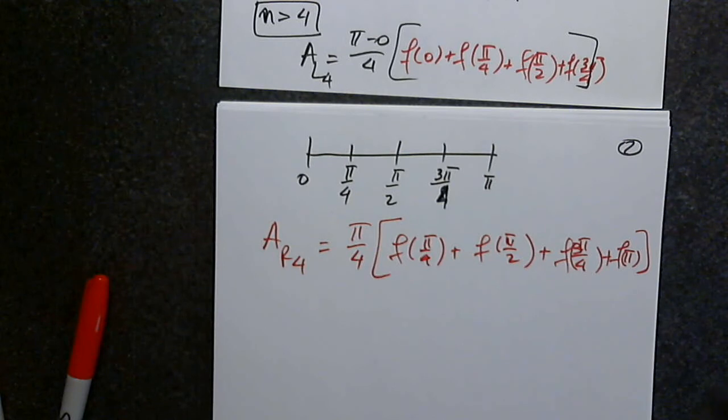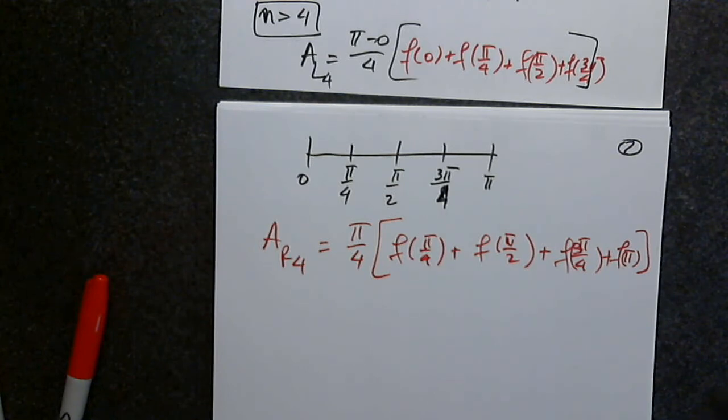What is going on here? Okay, this software is not the best, I think. Okay, 0, then pi over 4, and then pi over 2, and then 3 pi divided by 4.